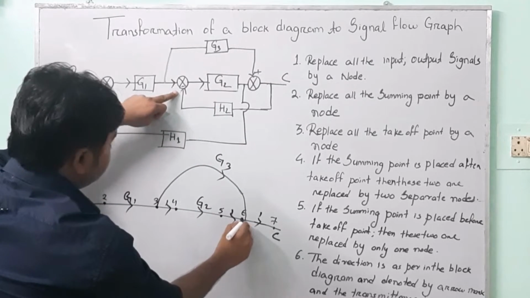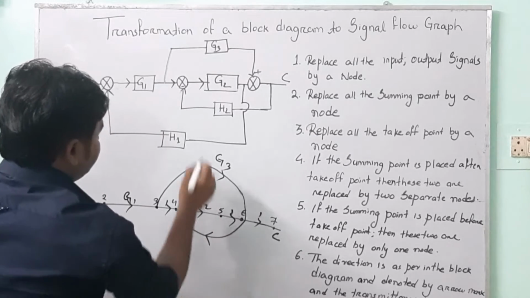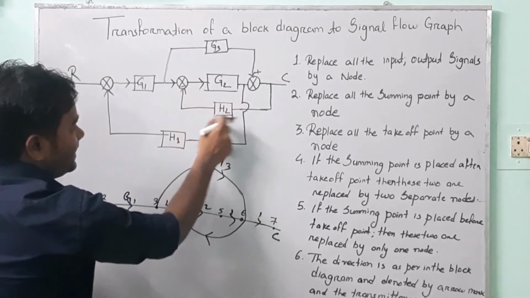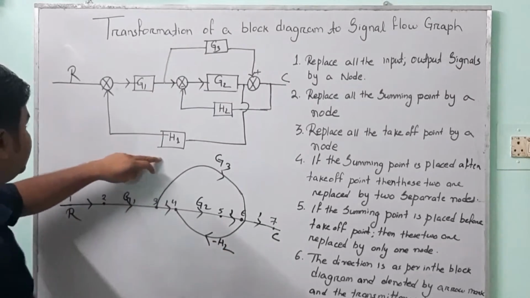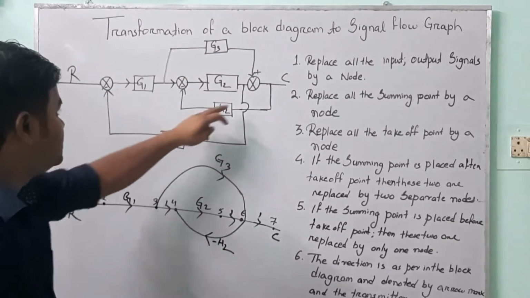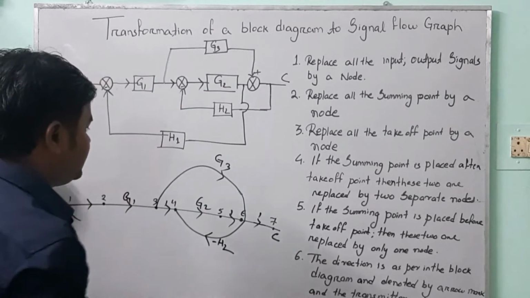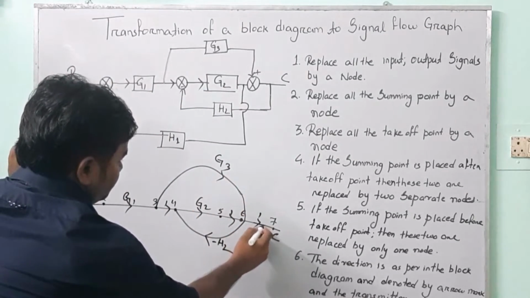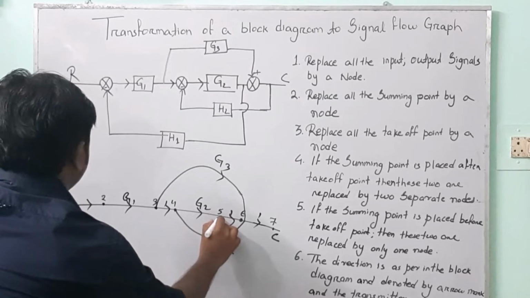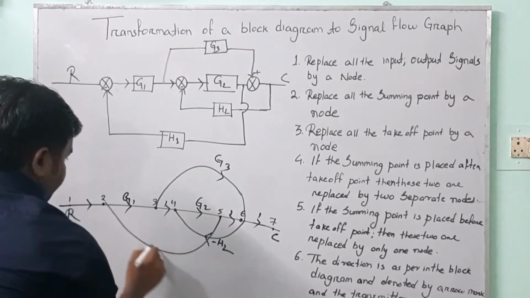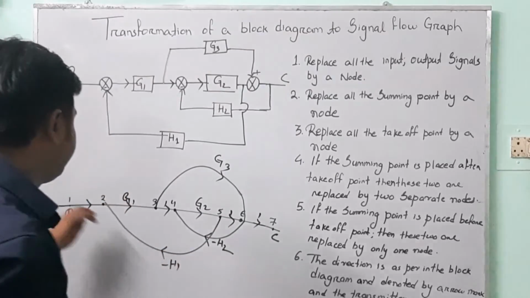So from 6 to point 4 the transmittance is minus H2, due to the negative feedback. Also here it is a negative sign, so from this point to this point it is minus H1. That means from point 5 to point 2 it is minus H1.